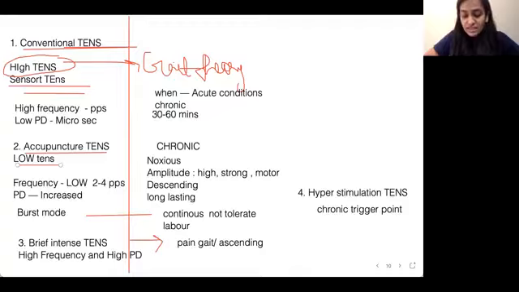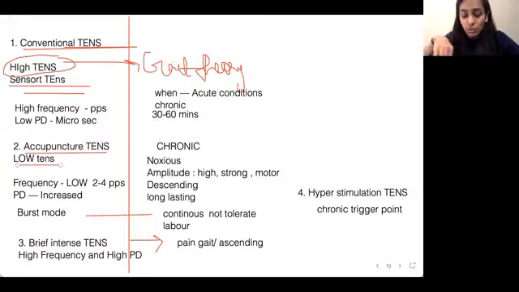The patient complains that the current is too strong and too uncomfortable. To make the current more tolerable yet maintain a good therapeutic effect, there is no option for decreasing the intensity, right? So what do we decrease? We decrease the pulse duration, because I told you if the pulse duration or pulse width is too much, it's going to be more uncomfortable.